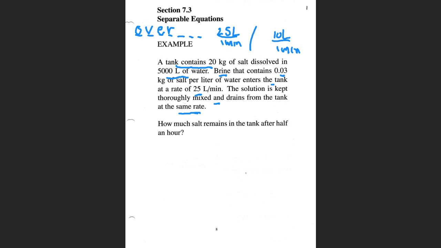Now you can have the tank draining out at a faster rate than coming in, but you can't go the other way. I'm just trying to get you to think about this problem. And they're asking how much salt remains in the tank after half an hour?